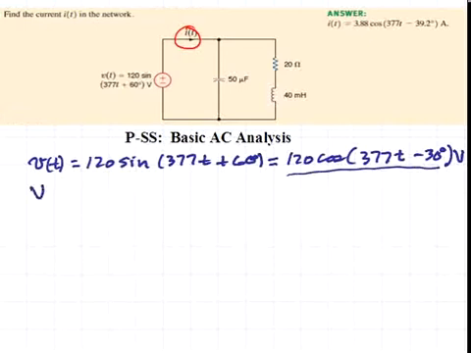So in the phasor domain, that voltage will be equal to 120 amplitude at an angle of minus 30 degrees. And again, the units are volts for that.